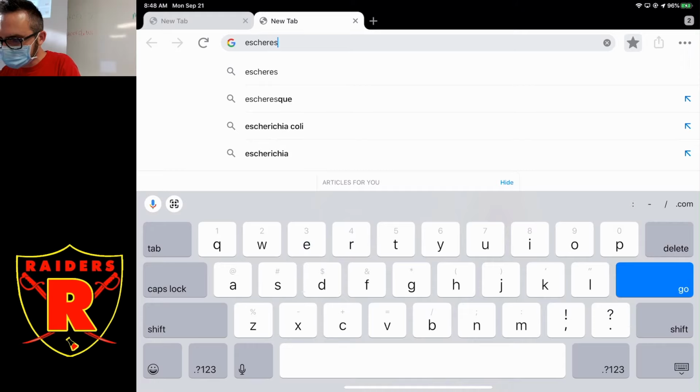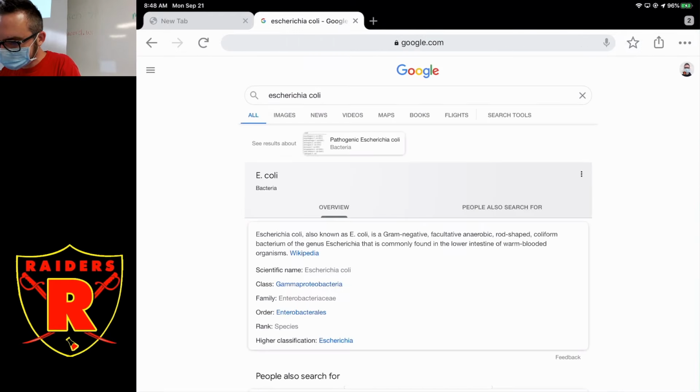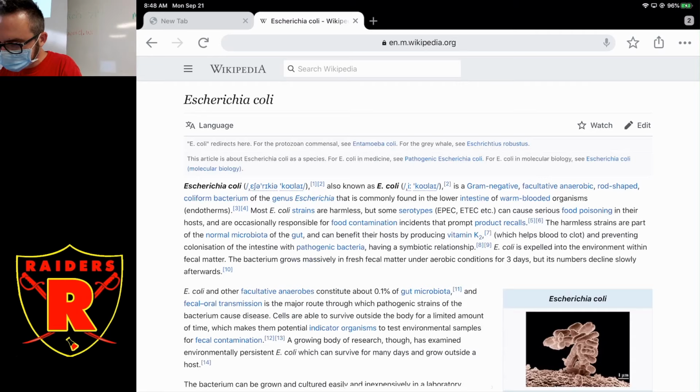It's Escherichia. There we go. Whoa, what a word. No wonder we just say E. coli. That's a real mouthful.